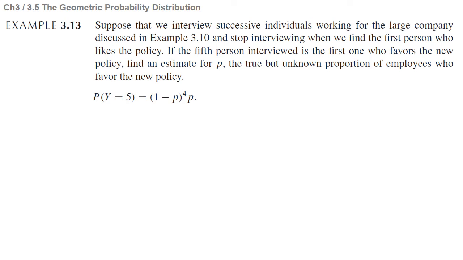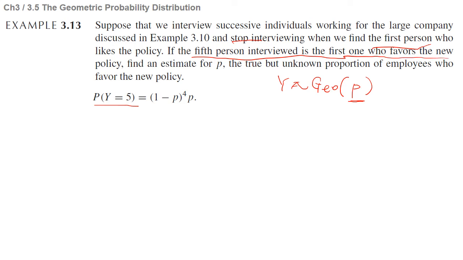Here, we stop interviewing when we find the first person who likes the policy. So the random variable Y, the number of events to get the first positive, would follow a geometric distribution with probability p, and we'd like to find this p, and what we observed is Y equals 5. The fifth person interviewed is the first one who favors the new policy.